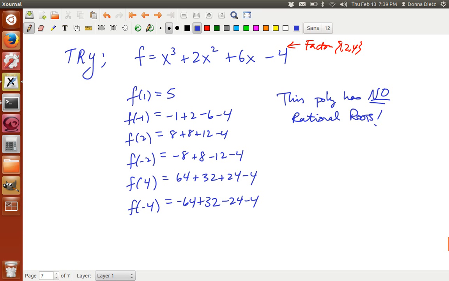It actually has one real root, because I plotted it and figured it out for you guys. Okay, it has one real root, and it happens to be near a half. Obviously irrational, because it has to be irrational in order to get away with this kind of nonsense. And the other is a complex conjugate pair.